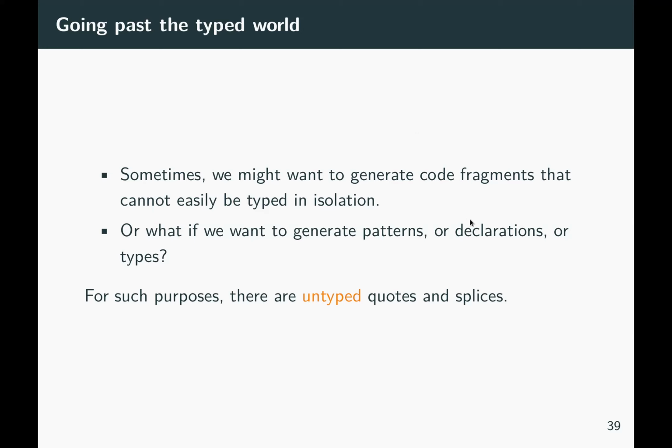In particular declarations, types or patterns. For that there are untyped versions of quotes and splices. And that's actually, as I said in the beginning, older than the typed version. That's from 2002, whereas the typed stuff only came in 2012 or so.